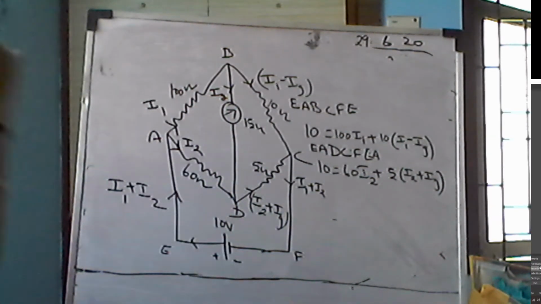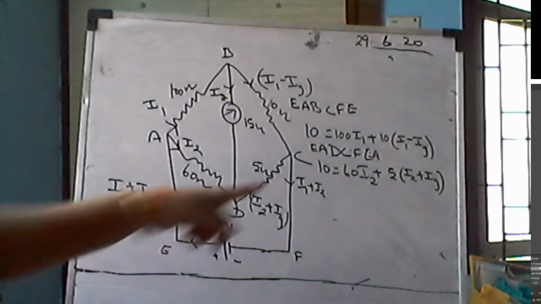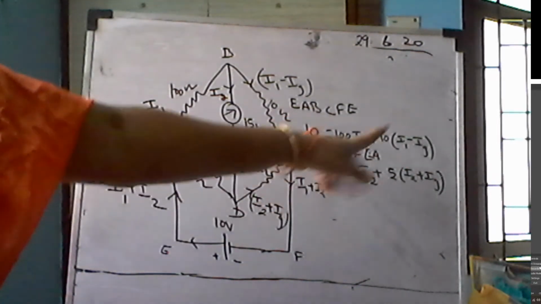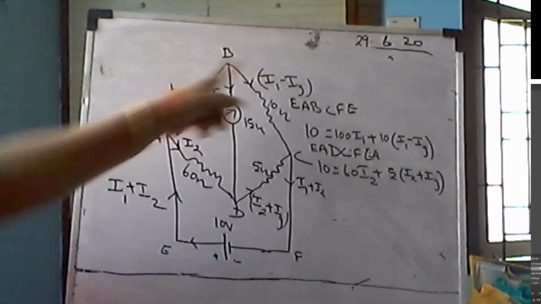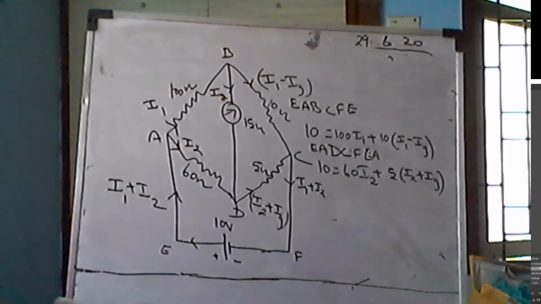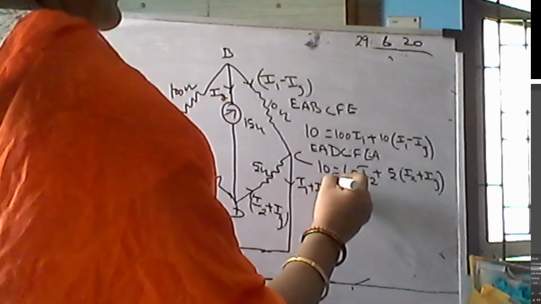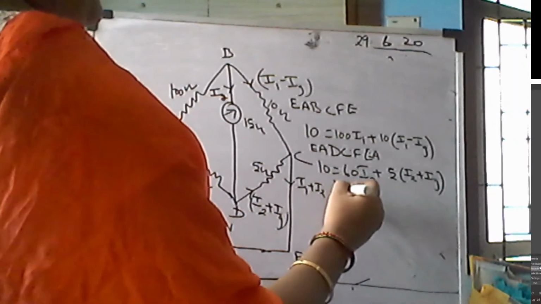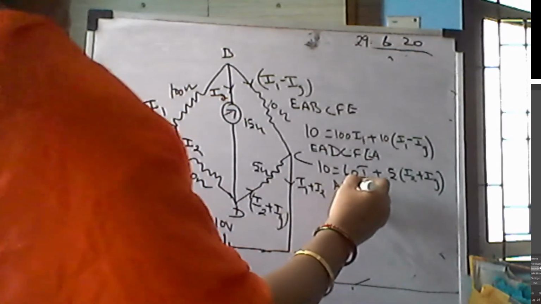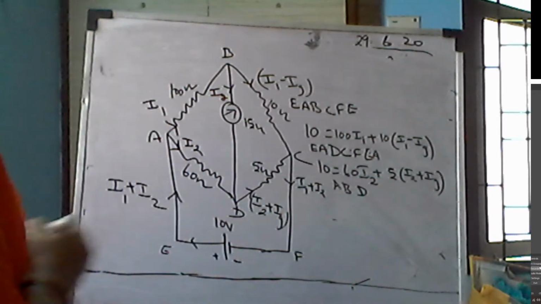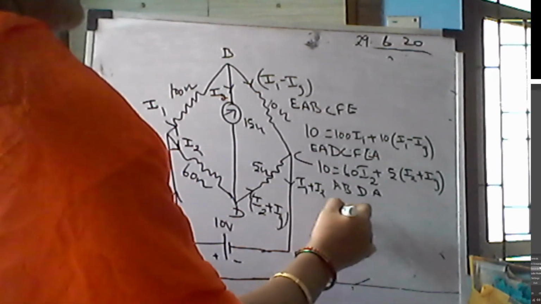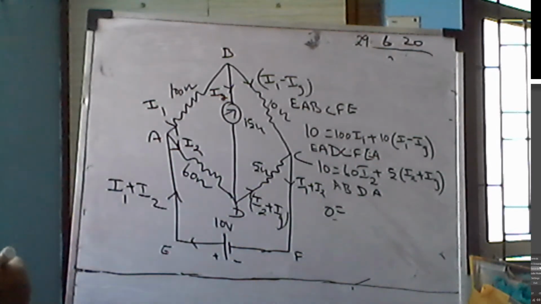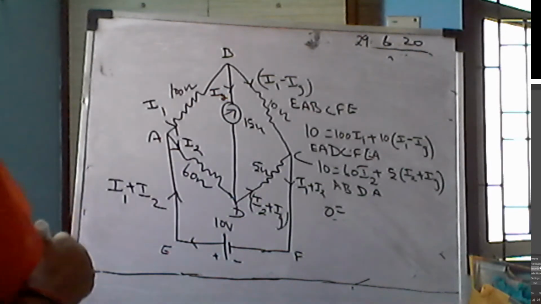Then another mesh, because three equations are there, three values are there. One is I1, I2, IG. So I will get three equations. Either this mesh you can take or this mesh. This is complicated, so I am taking this mesh only. So I am taking the mesh A, B, D, A. Now battery is not connected, so 0 equal to, now you have to consider this 15 ohm also.